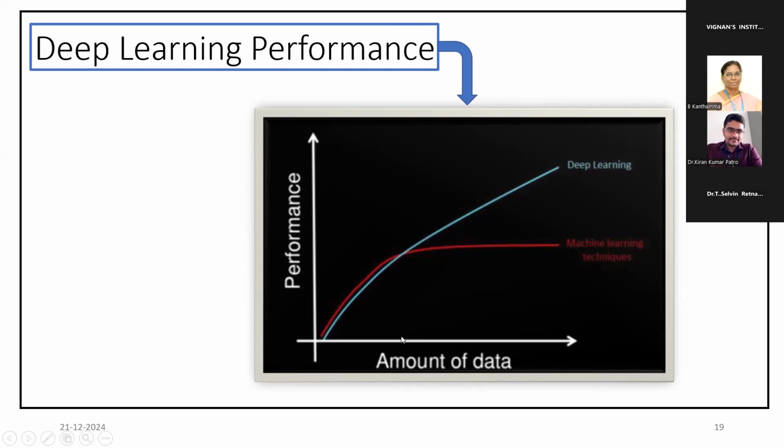Whenever the data size increases, suppose you have large data, then deep learning gives you better performance compared to machine learning. In deep learning, the first thing you have to notice is whether you have large data. If you have small data and want to perform a classification or regression task, or if you have limited data, go for machine learning algorithms for better results. If you have large data, go for deep learning.